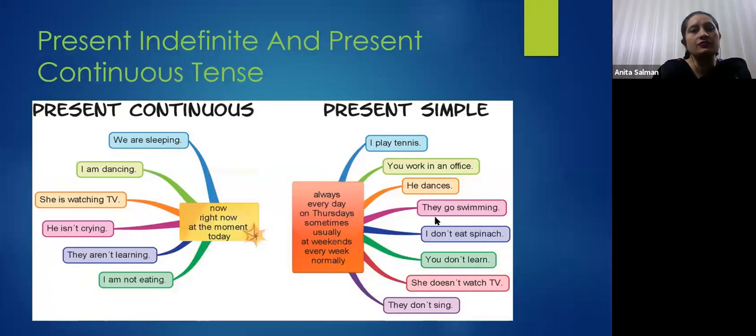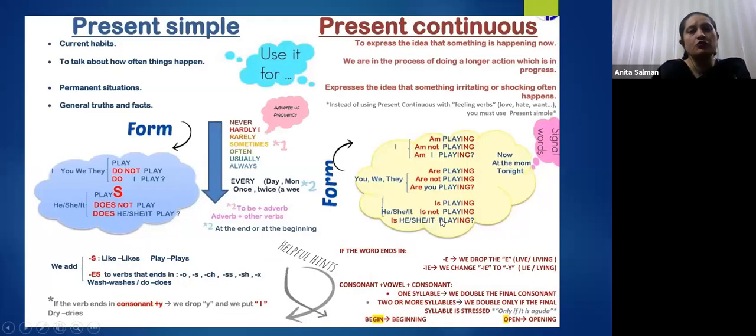And for negative, after is, which is the helping verb, not, right? And to make it interrogative, you have to bring your helping verb out front, right? He, she, it is playing, he, she, it is not playing, is he, is she, or is it playing, right? Hope it is clear. I'm going to revise it quickly.